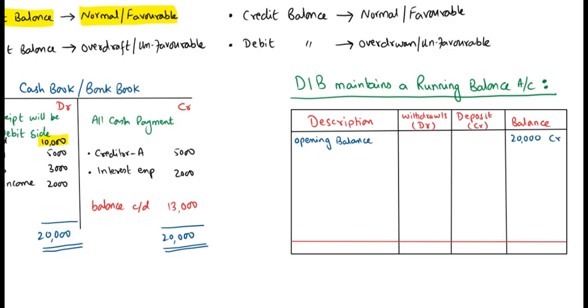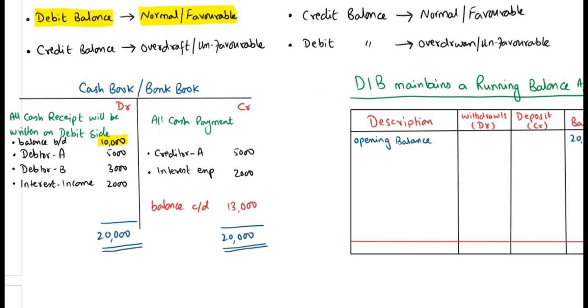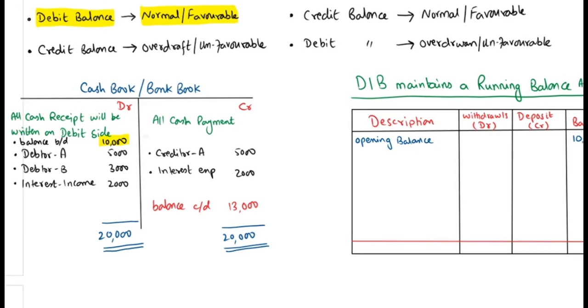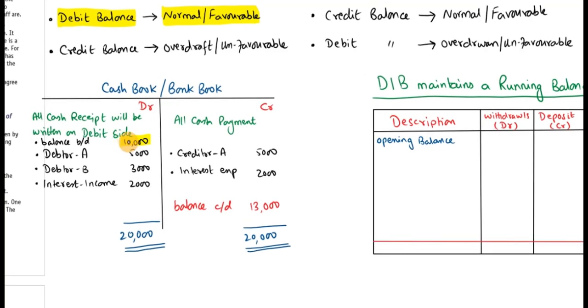So we have our opening balance in our cash book of 10,000. So in our bank account we have 10,000, and we will record that in our cash book.